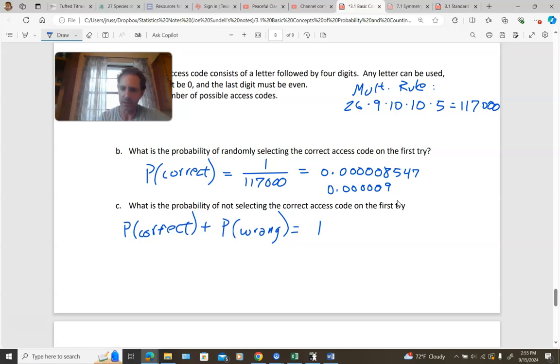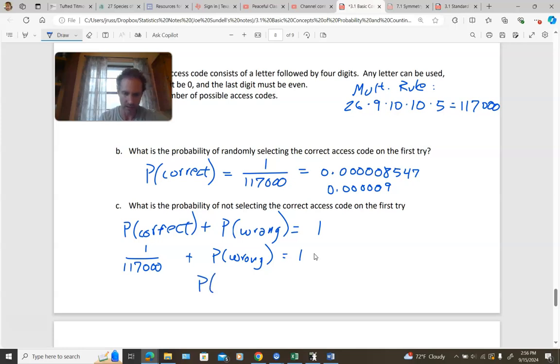We know what the probability of being correct is. It's 1 out of 117,000 plus the probability of being wrong has to equal 1. So anyway, you're just going to subtract the probability of being correct from the 1, okay?